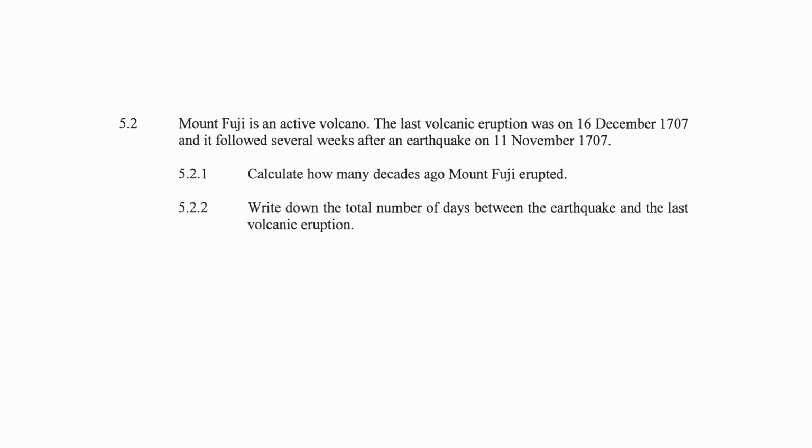Question 5.2 consists of two measurement questions that were designed to assess your understanding of calculating time. It is stated that Mount Fuji is an active volcano. Its last volcanic eruption was on the 16th of December 1707, and it followed several weeks after an earthquake on the 11th of November 1707. In question 5.2.1, you have to calculate how many decades ago Mount Fuji erupted.